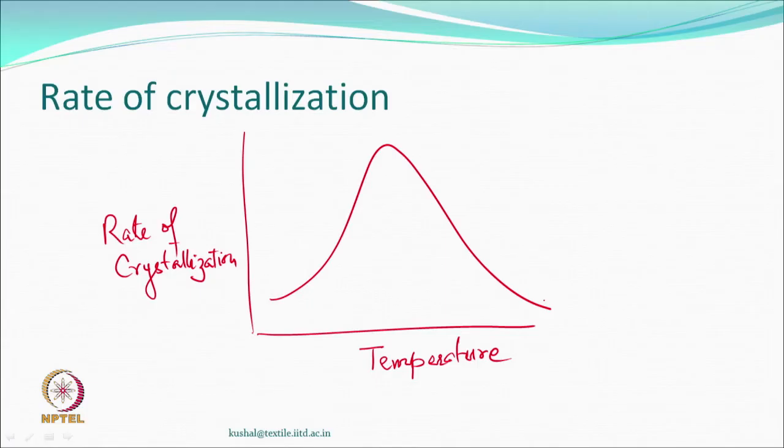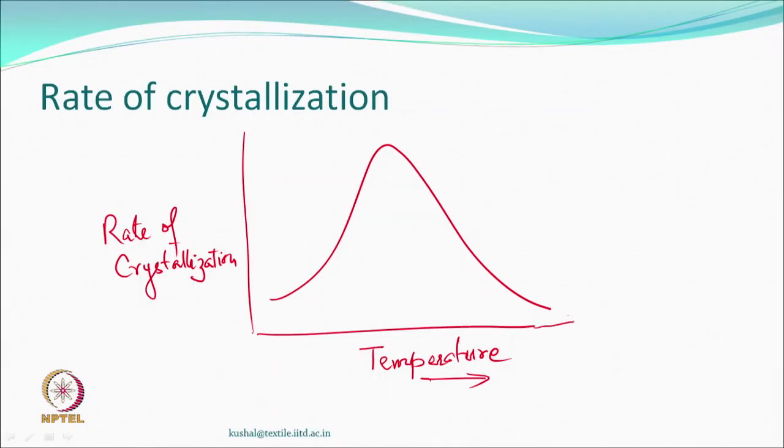That is, as the temperature increases, the rate of crystallization will increase. Crystallization means molecules coming together making a nice beautiful crystal where every atom is in a certain specific position, etc.